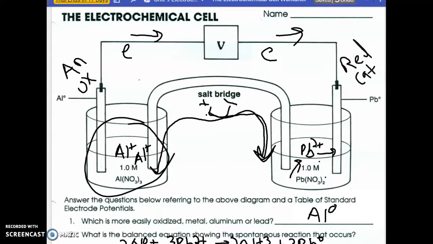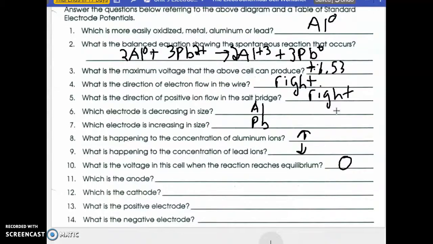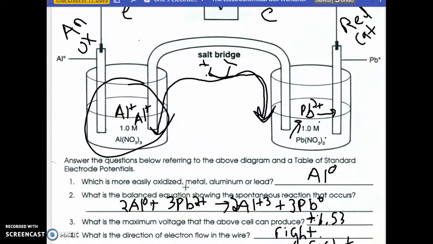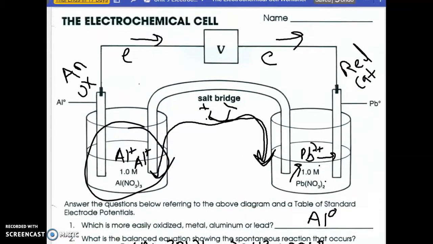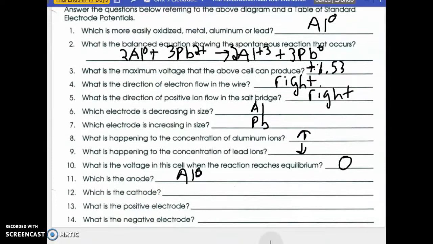So the other electrode is our cathode, and that is where reduction is happening because our electrons are going over to this electrode. So the anode is the aluminum solid electrode, Al0, and the cathode is our lead solid electrode.